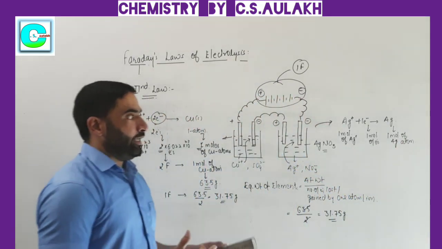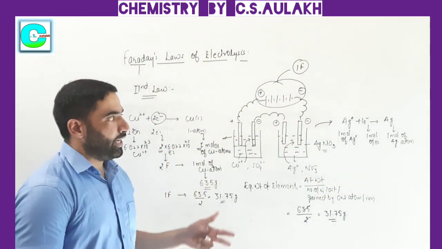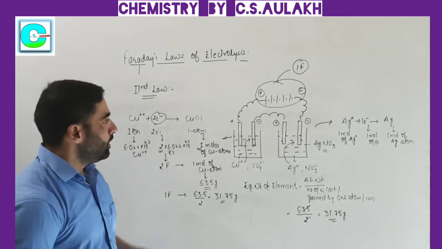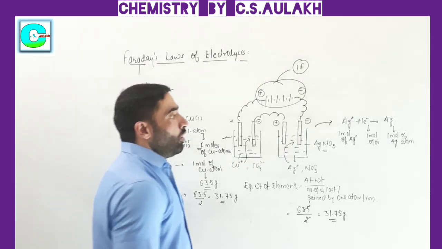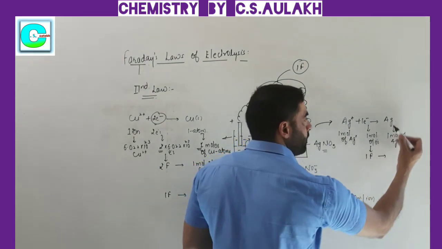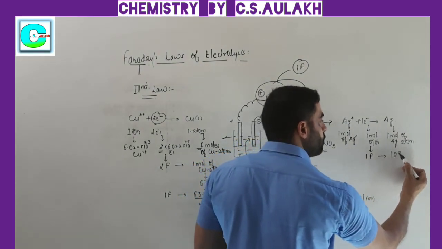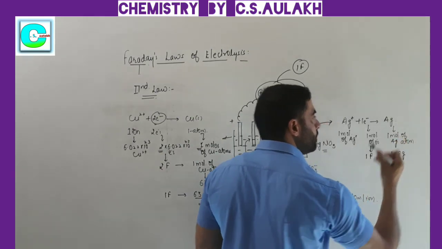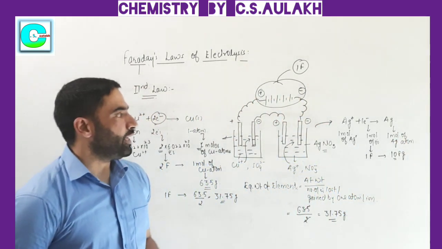Now we are perfect in calculating this amount, as we have done in the first as well as in the second cell. So we can directly write here: 1 faraday of electricity will deposit 108 gram of silver.